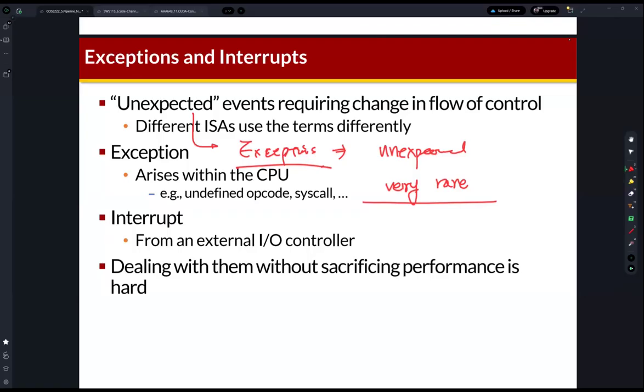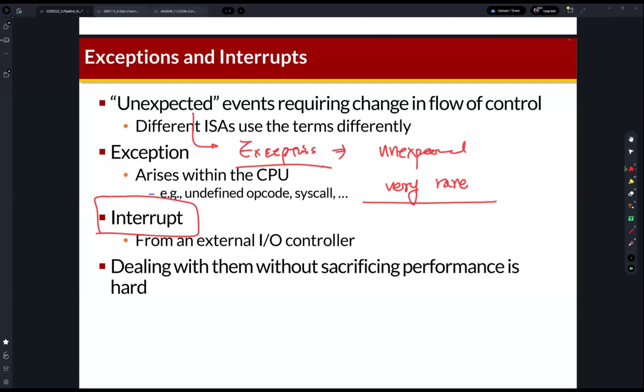It means that they are not frequently observed, but observed very rarely. And these exceptions also need to be handled by the processors. Also, another type of exception is the interrupt.